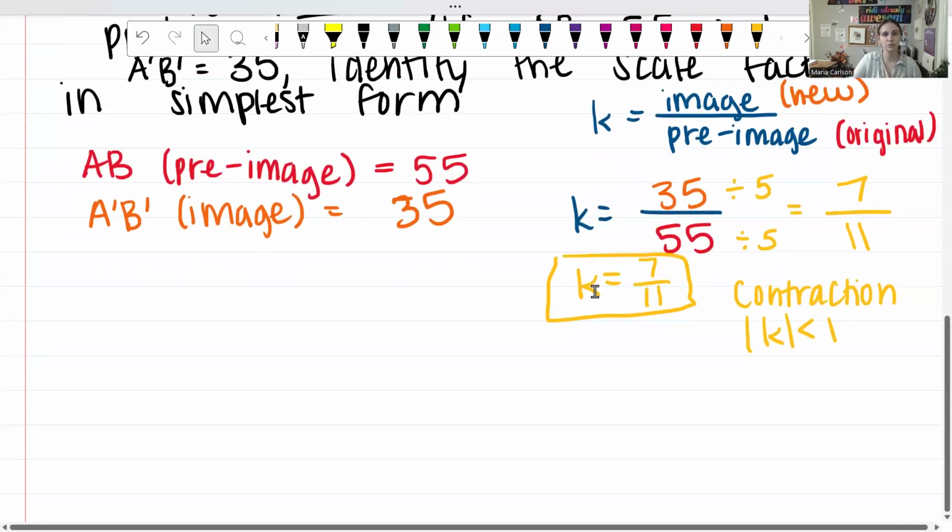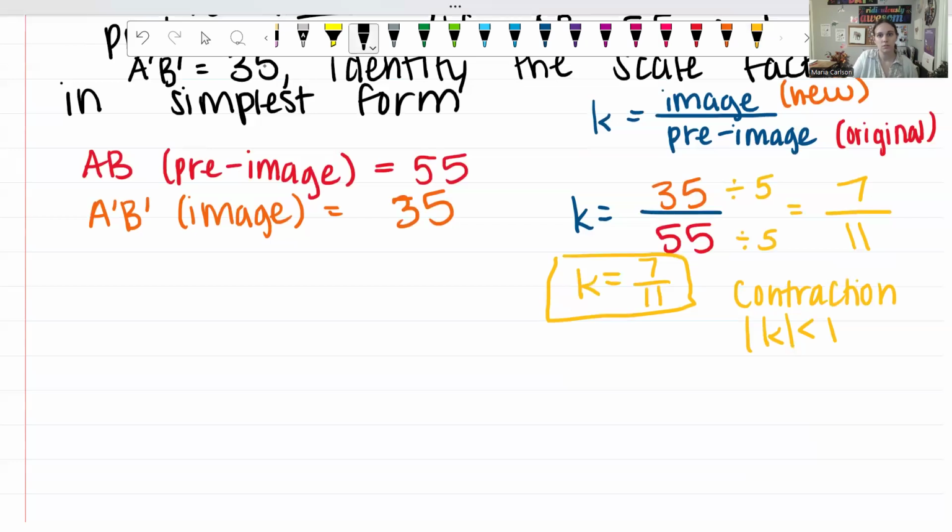All right, number 2 involves an image, so please either print it out or just recreate it in your notes.